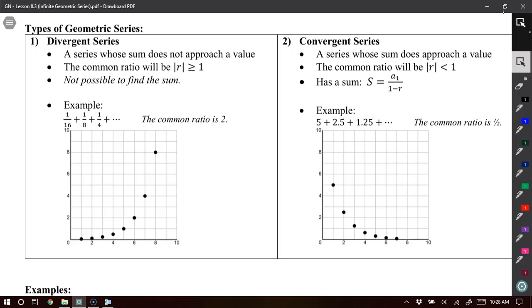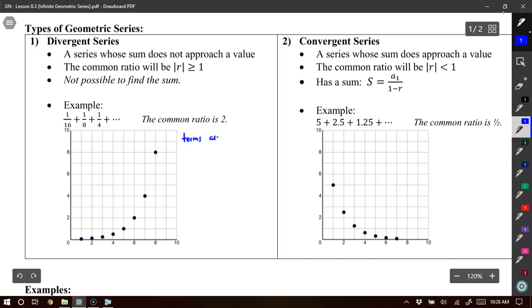And so I have here a series that starts at 1/16, and then I'm multiplying by 2 each time. So then I go to 1/8. So 1/16, 1/8. Then I have 1/4, then I have 1/2, then I have 1, 2, and you can notice in this case your terms are always getting larger and larger and larger.